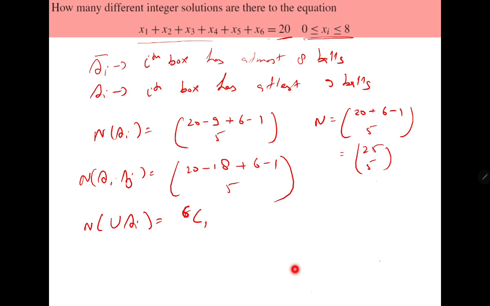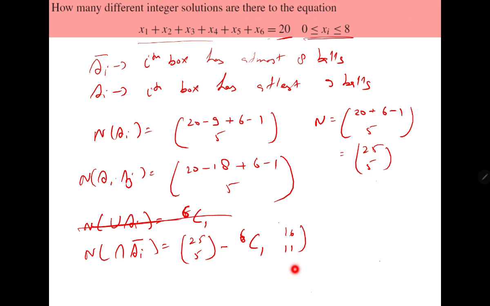Sorry, it is not union, it is intersection. So n of intersection AI bar is n minus, which is 25C5 minus 6C1 n of AI, which is 16C11, so this is 16C11 plus 6C2, and this is 7C5, so 7C5.